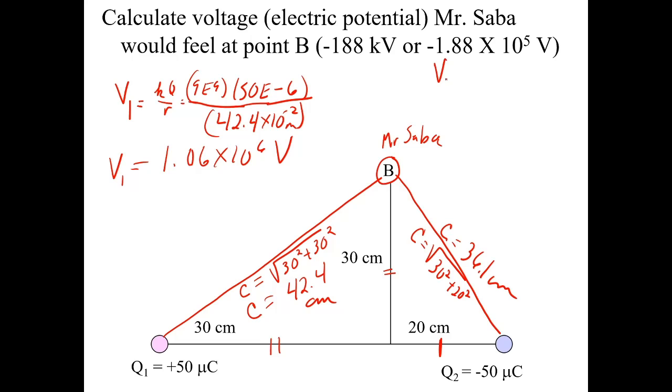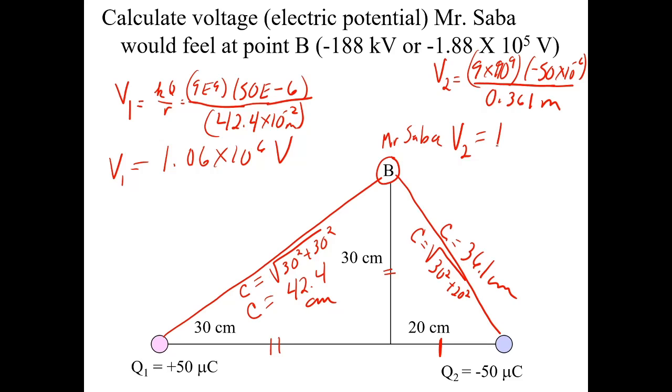On the other side, we remind ourselves that we do need to worry about that negative charge. So 9 times 10 to the 9th, negative 50 times 10 to the minus 6th, all over 0.361 meters. I'm not going to forget to convert it this time. So crunching it out on our machines.